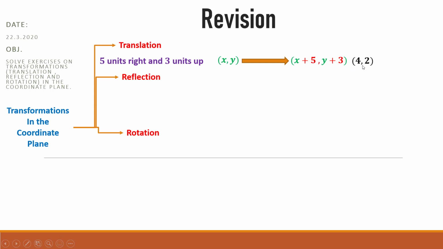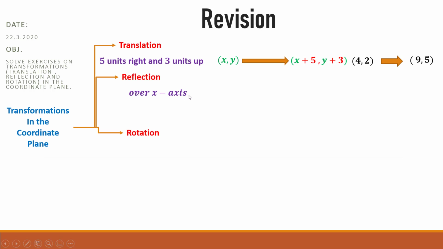For example, if we have 4 and 2, just add 5 to x coordinate, it will be 9, and add 3 to y coordinate, it will be 5. So the image point will be 9 and 5. In reflection, we have two types. The first one, reflection over x-axis.